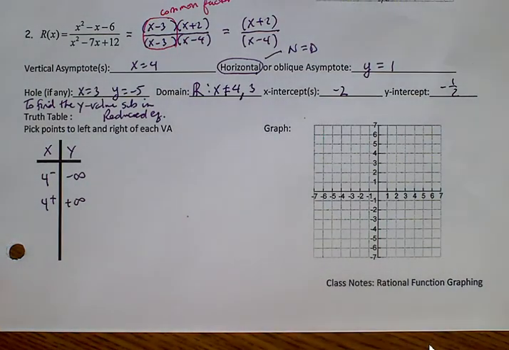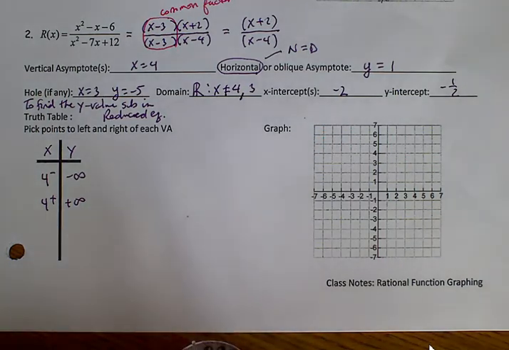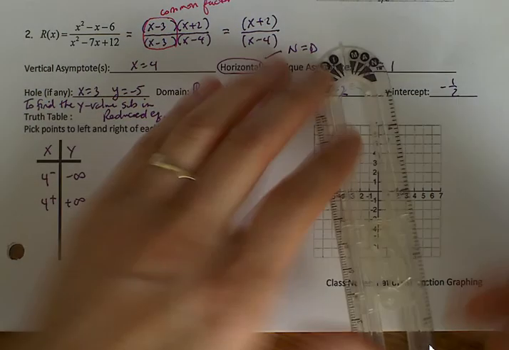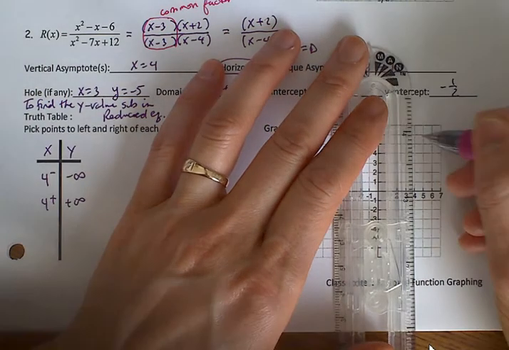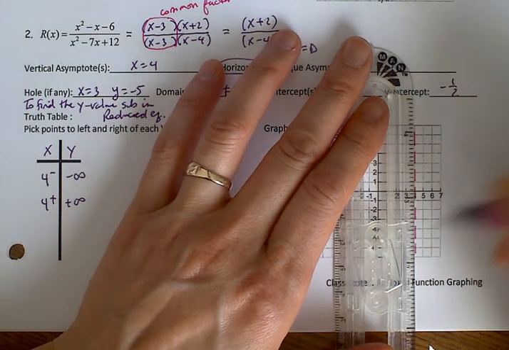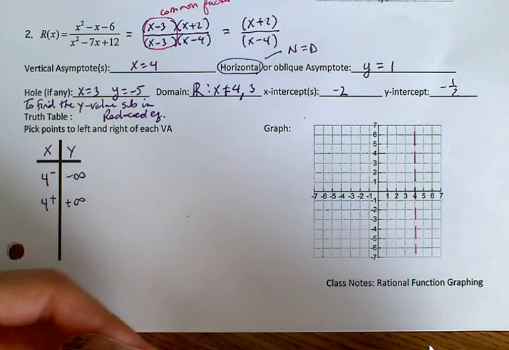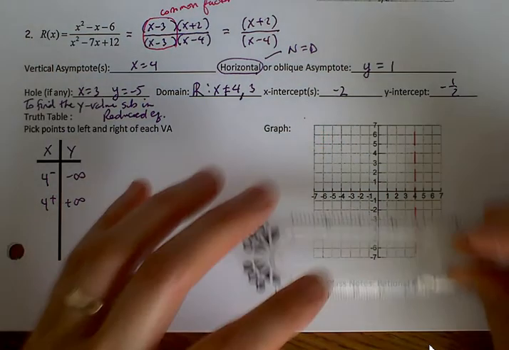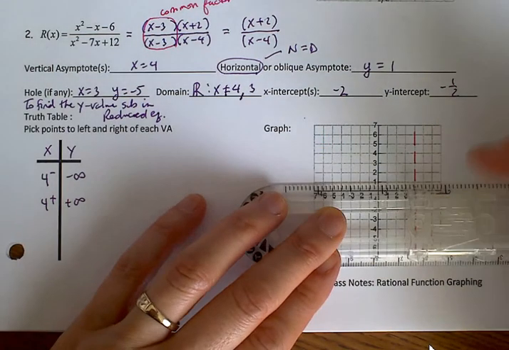Okay, now I'm ready to draw out my graph. So I'm going to put in my vertical asymptote and my horizontal asymptote. So my vertical asymptote is at 4. So I'll draw my vertical asymptote using a dotted line at 4. And then the horizontal asymptote is y is equal to 1. So that'll be here.